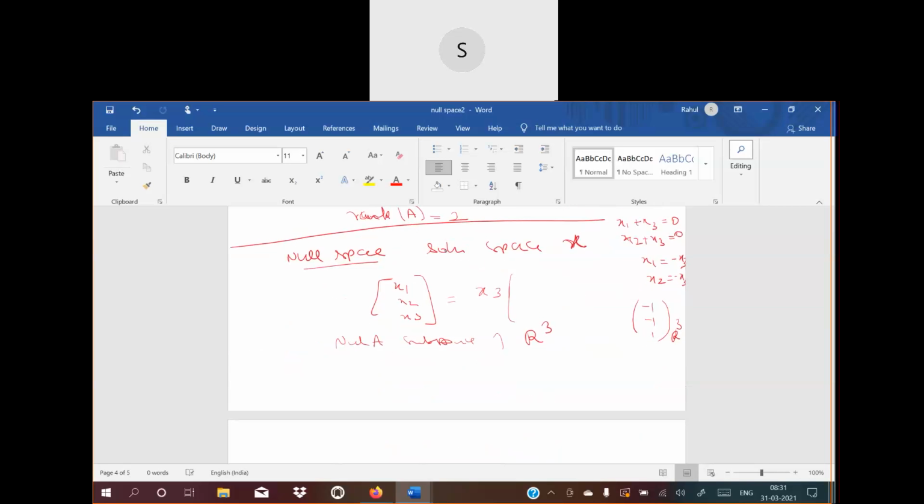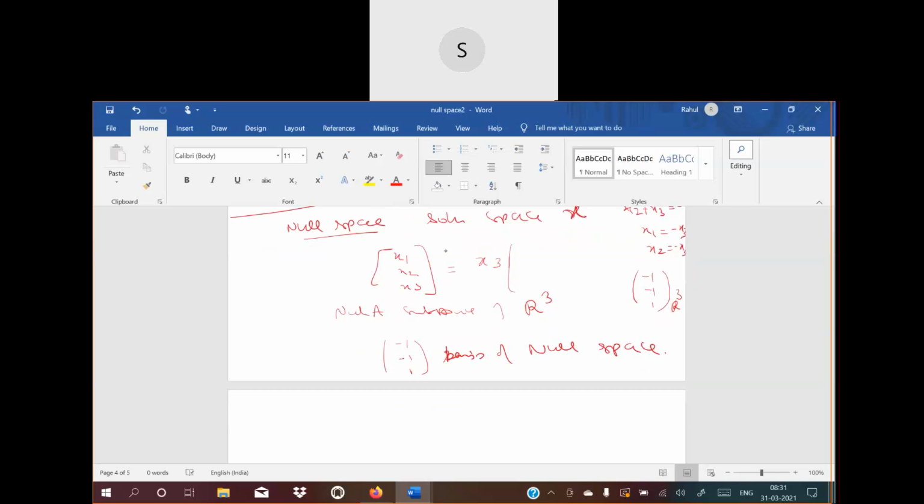So this vector minus 1, minus 1, 1 is the basis of the null space, and its dimension is 1 because you have only one element. So the number of basis vectors is the dimension of the null space. The dimension of the null space is 1, and the null space is a subspace of R3.